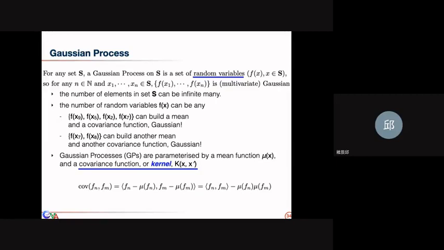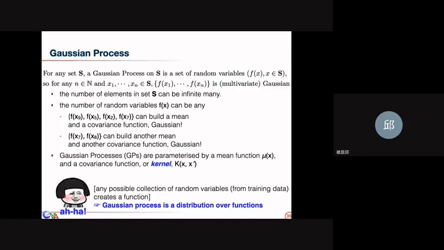If you work through this equation a bit, you will end up with this. You can see here is the inner product between fn and fm. So this is somehow similar to the inner product in the feature space, if you consider f as a feature representation. So the covariance function of a Gaussian process is actually related to kernel, right?